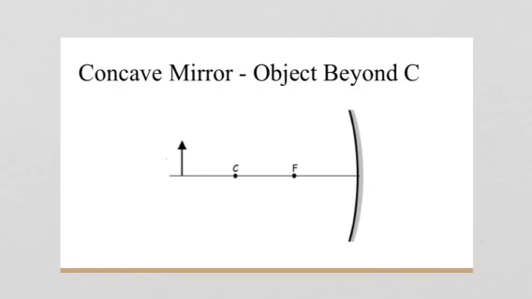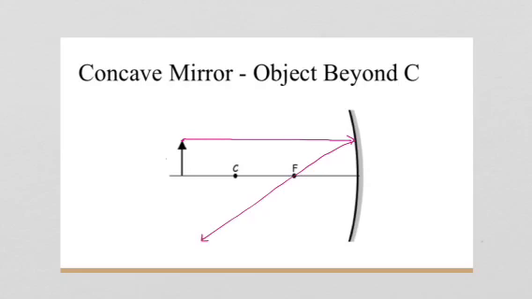Now, using our two rules for reflection on concave mirrors, I can choose a point at the top of my object, and I can go parallel to the principal axis that reflects through the focal point.